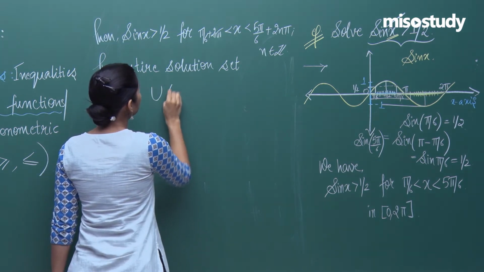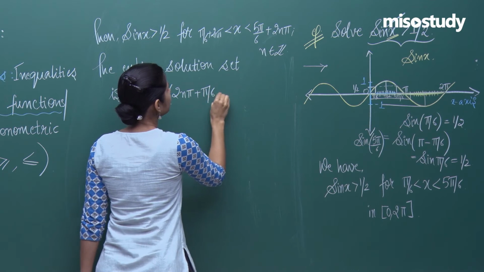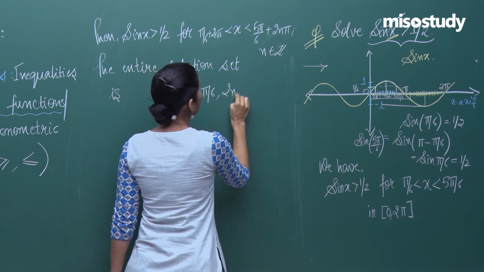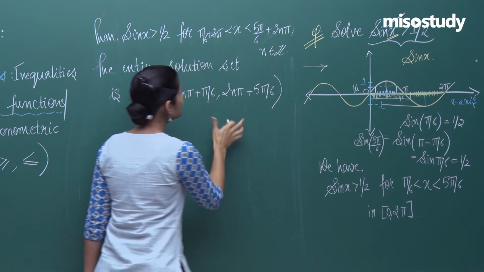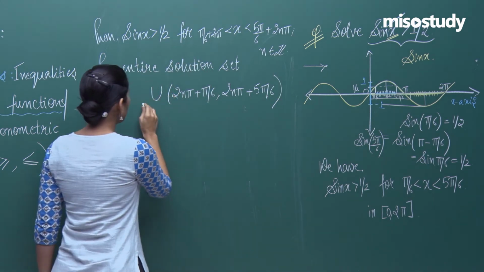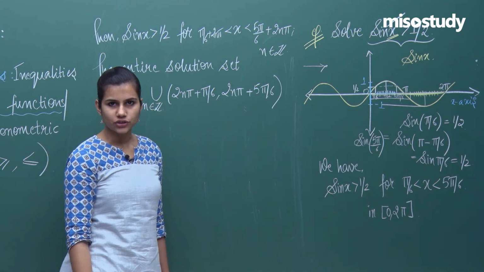You take the union of 2n pi plus pi by 6, comma 2n pi plus 5 pi by 6, this open interval, where n belongs to the collection of all integers.